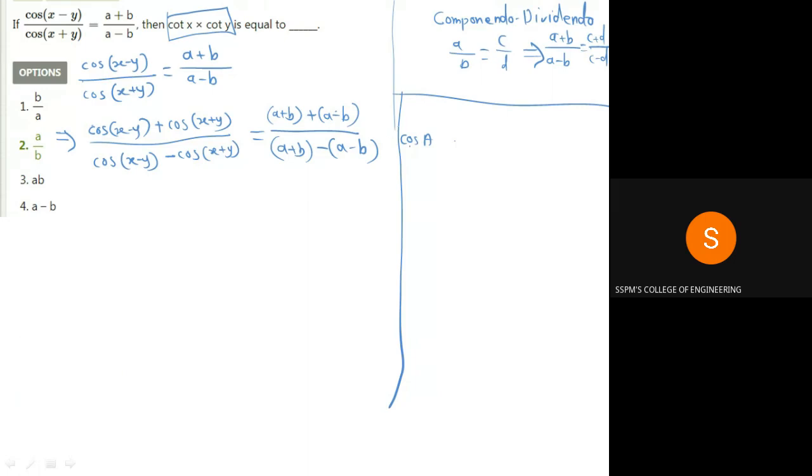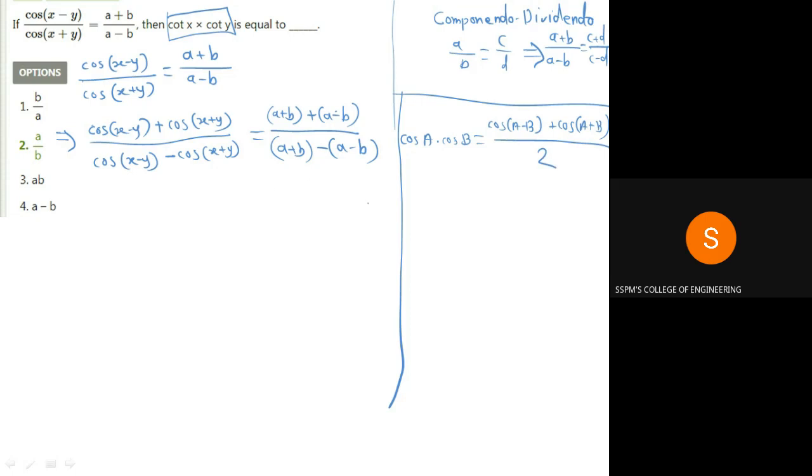Cos a into cos b is equal to cos a minus b plus cos a plus b, divided by 2.